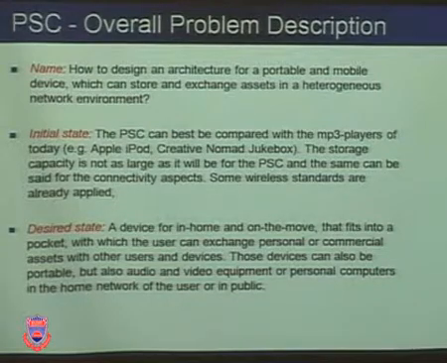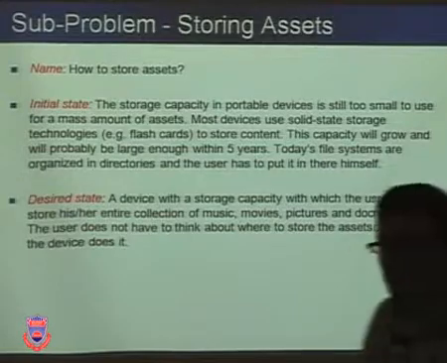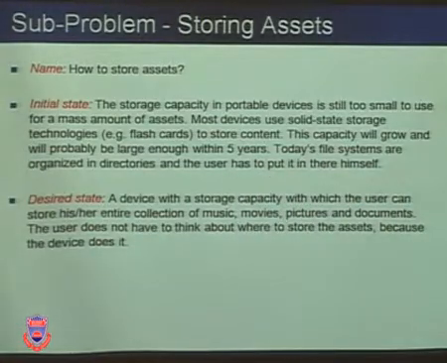It's a top-level problem. Then in this top-level problem, after looking at the application domain, computer science quality problems, we can list the sub-problems. How to store assets. It's a problem that needs to be solved. It's the initial state, and this is a desired state. A device with the storage capacity with which the user can store the entire collection of music, movies, pictures, and documents.